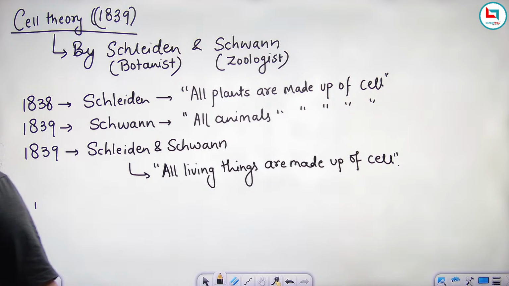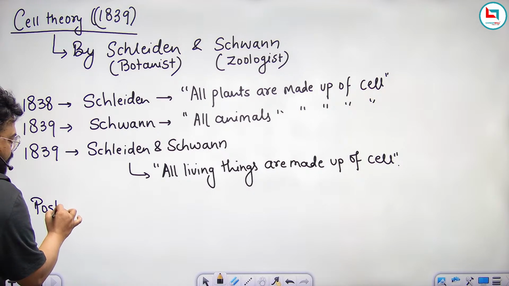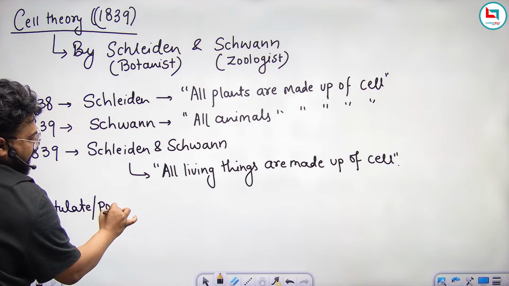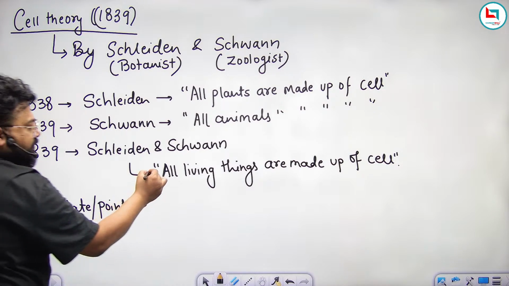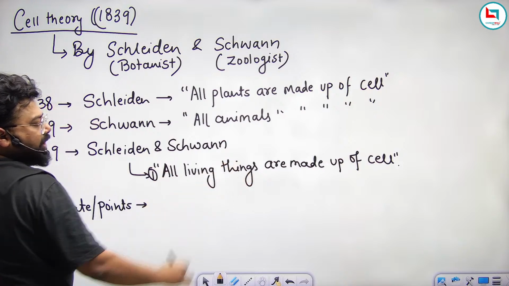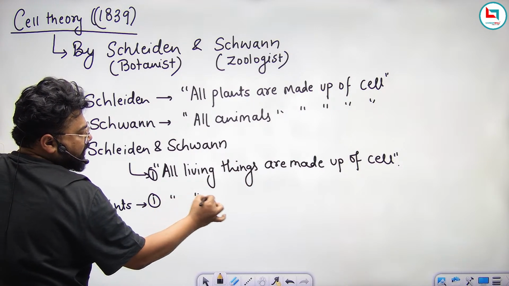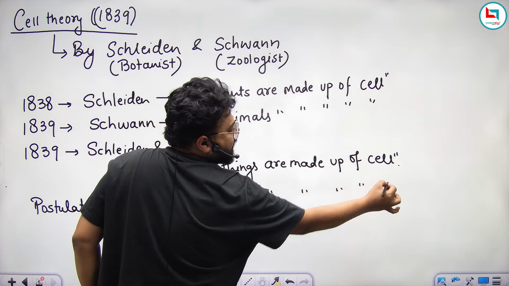Fine. Now, there are certain postulates, meaning points, which come under the cell theory. Number one, all living things are made up of cells.